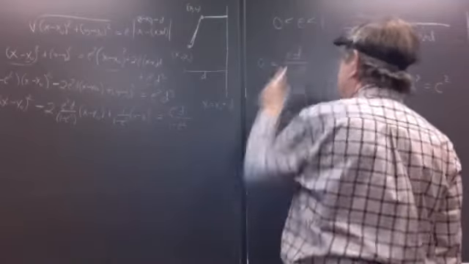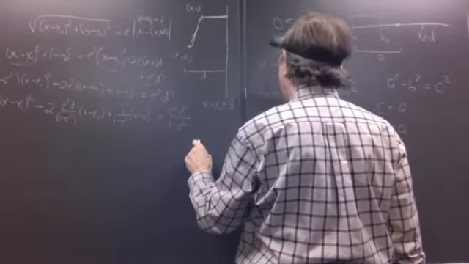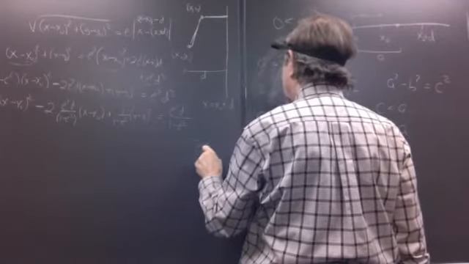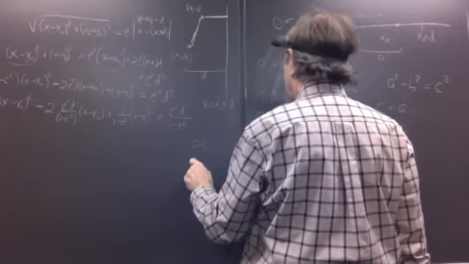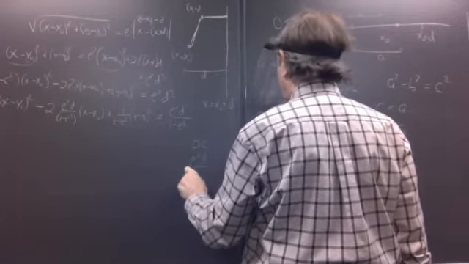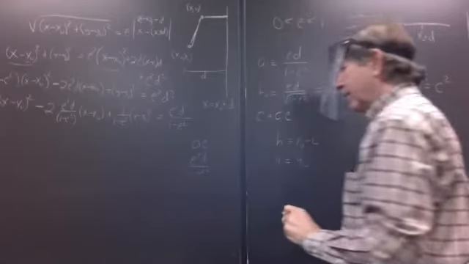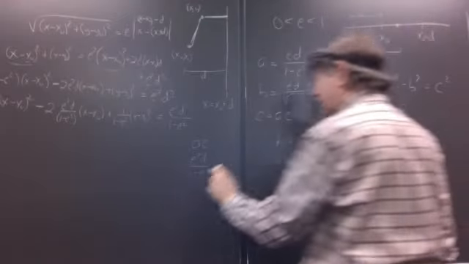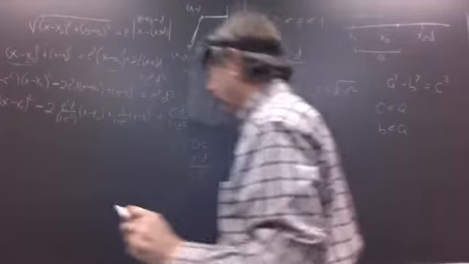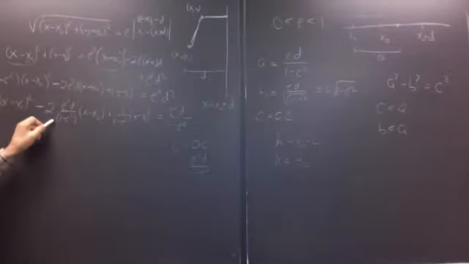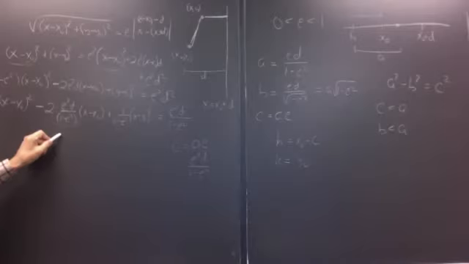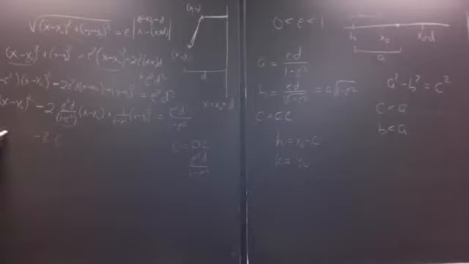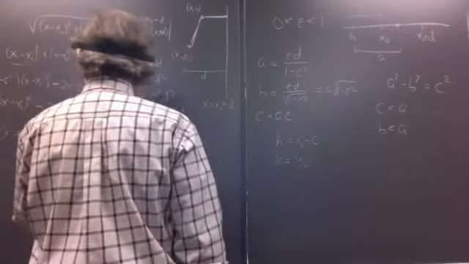Well, if a is ed over 1 minus e squared, then ae is e squared d over 1 minus e squared. So if I put these two things together, I get this. So this is c. So somebody noticed that this thing right here, I'm going to replace with c. So I have x minus x naught squared minus 2c times x minus x naught.